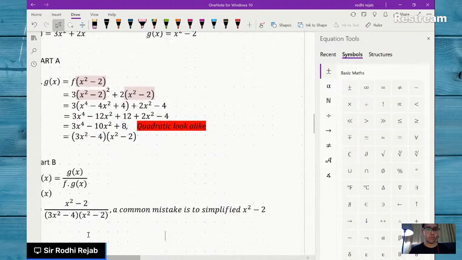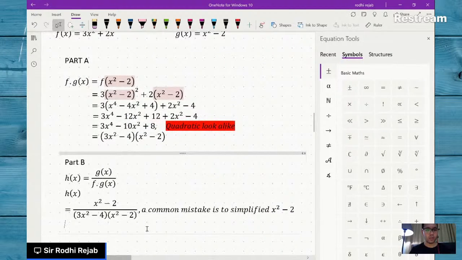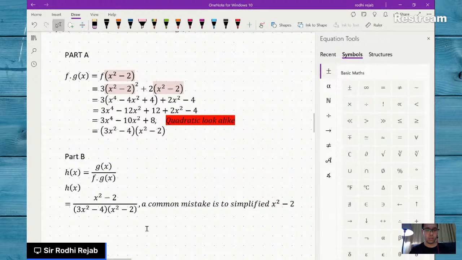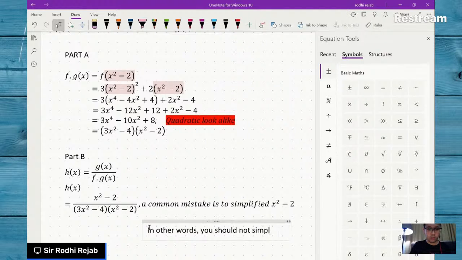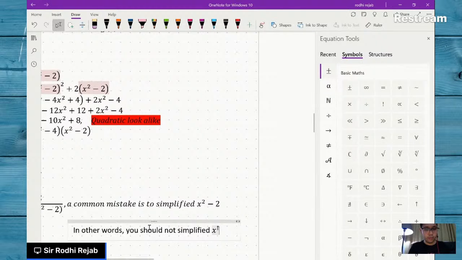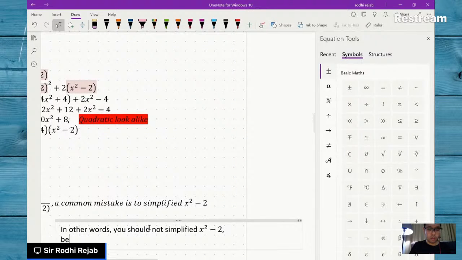In other words, you should not simplify, because x is a variable. So you're taking one of your answers out. So that's why you cannot simplify it.